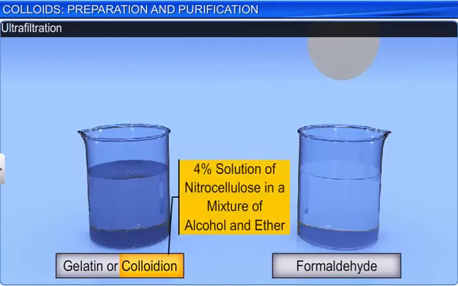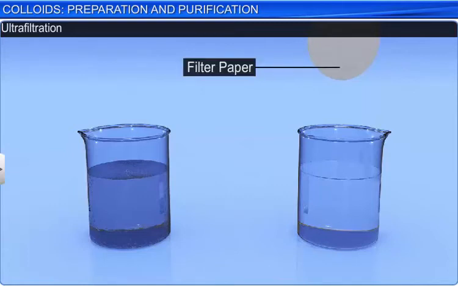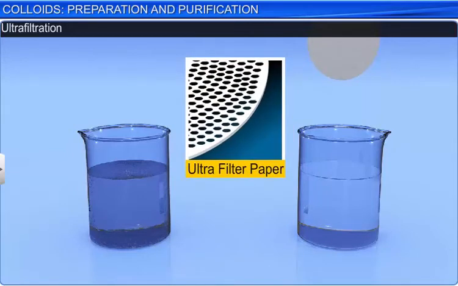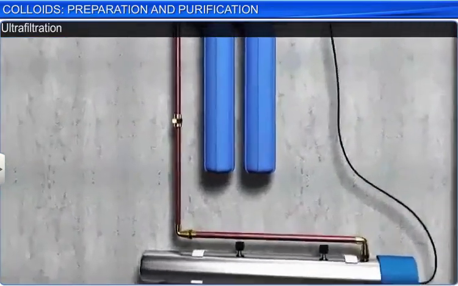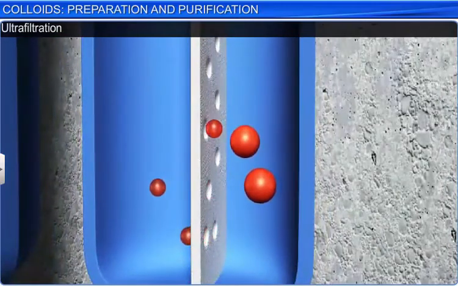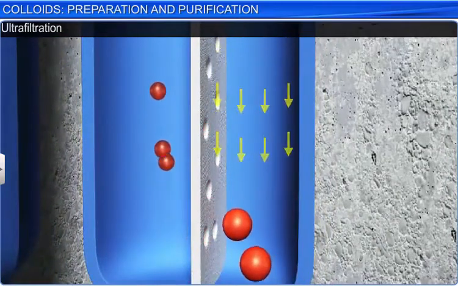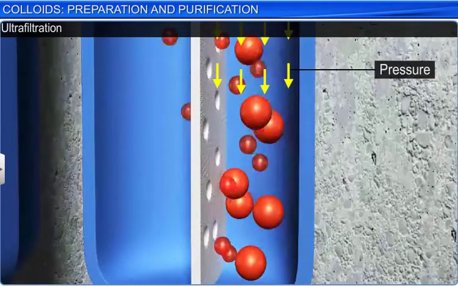The filter paper thus formed is known as an ultrafilter and prevents the colloidal particles from passing through it. Ultrafiltration, however, is a slow process. It can be speeded up by applying suction or pressure. To get a pure colloidal solution, the colloidal particles left on the ultrafilter paper are stirred with a fresh dispersion medium.